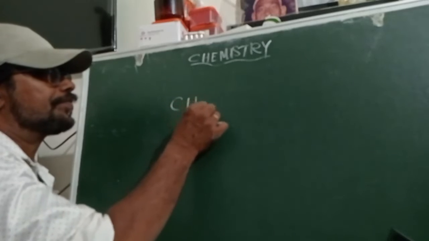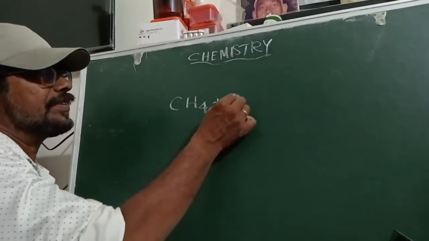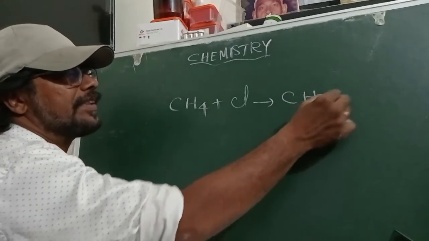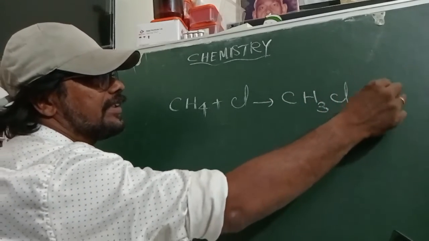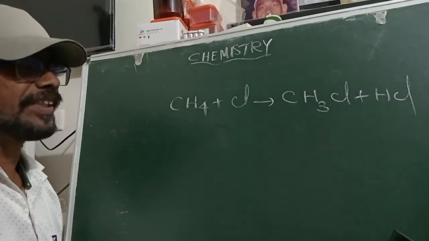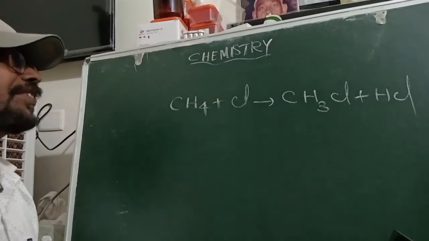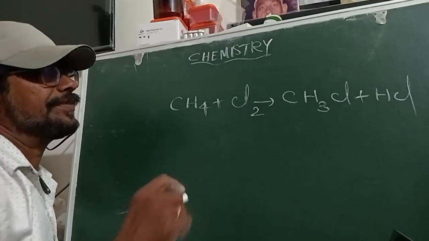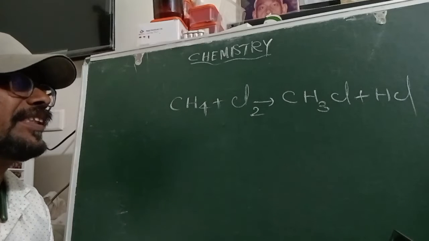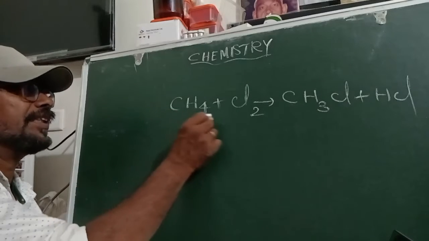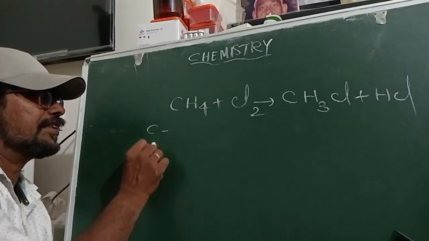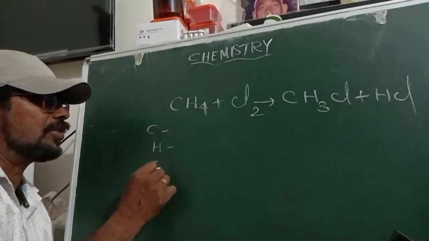Methane reacts with chlorine, gives methyl chloride and HCl. This is one reaction. Methane reacts with chlorine, gives methyl chloride and hydrochloric acid, HCl. Now here in the reaction, carbon is an element, hydrogen is there and chlorine is there.